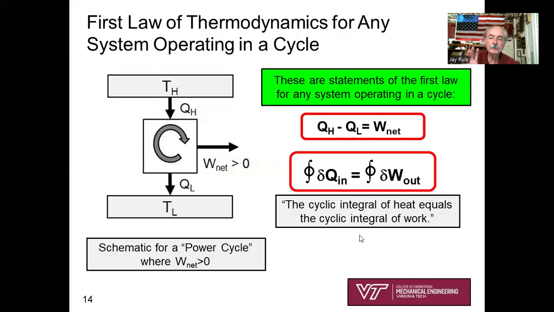If you choose to go to graduate school and take graduate level thermodynamics, this is where you will start in terms of your cycle analysis. So this is a better mathematical description of the first law. This is a working statement of the first law for us.